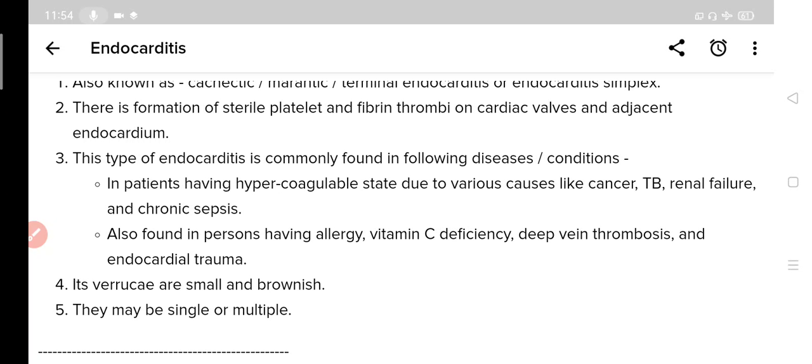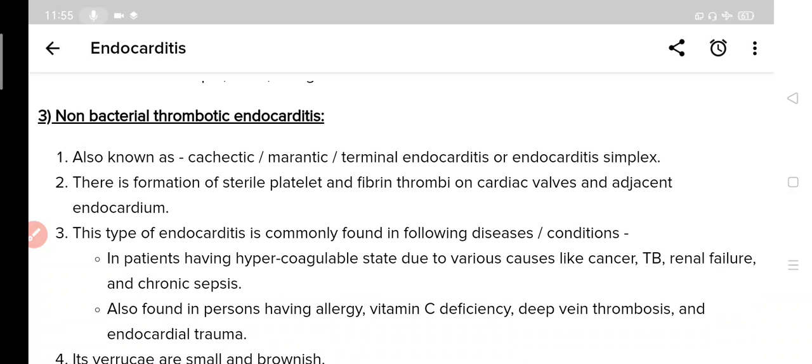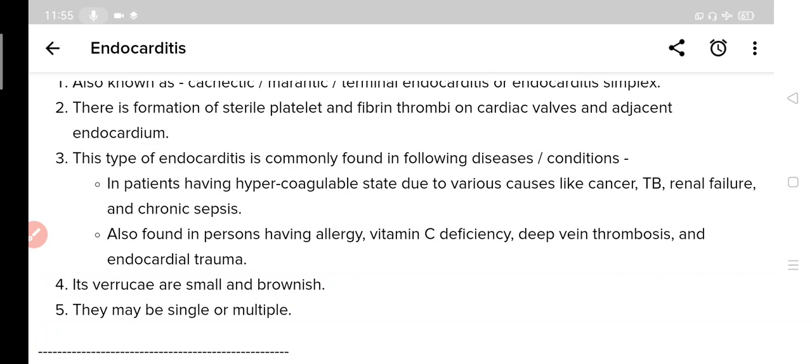It has a tendency to coagulate. So, it will coagulate, it will form clot, it will form thrombus. So, obviously, if there is a tendency to form thrombus, then thrombotic endocarditis, that is non-bacterial thrombotic endocarditis, may occur. It is also found in persons having allergy, vitamin C deficiency, deep vein thrombosis and endocardial trauma.